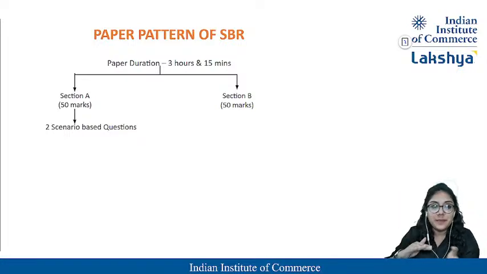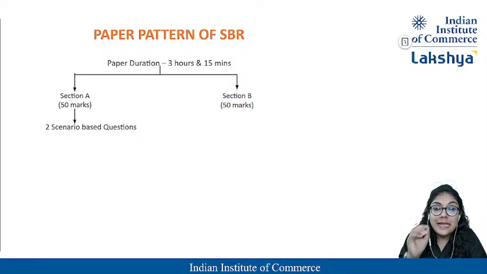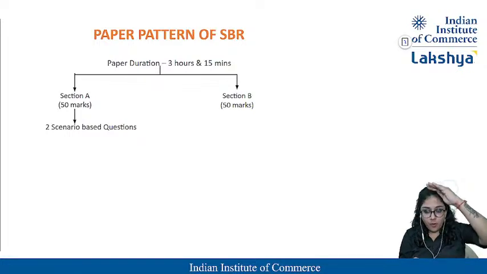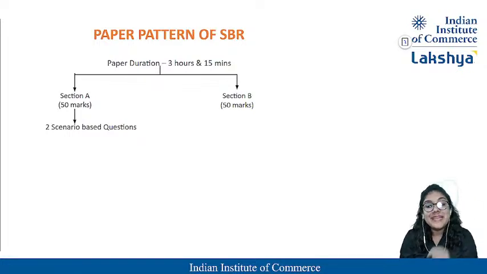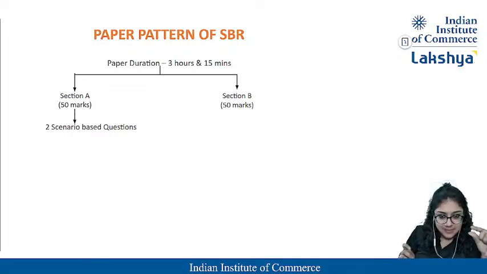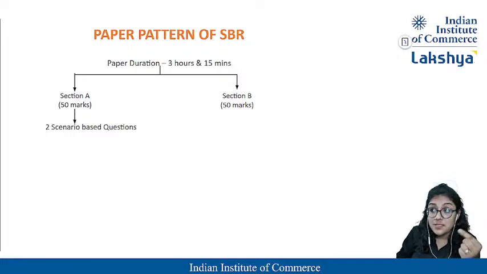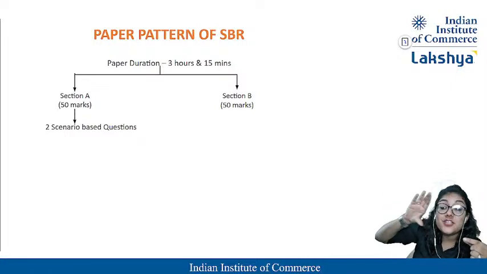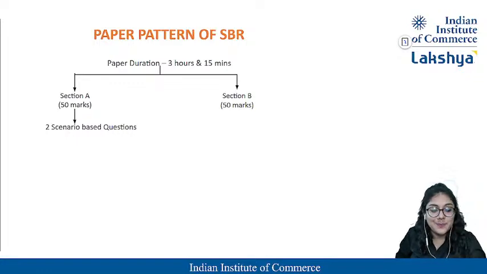There are big questions, and in them there are exhibits given, which form one full case scenario. If you want to answer the first part, you have to find out what the adjusting entries or exhibits are.